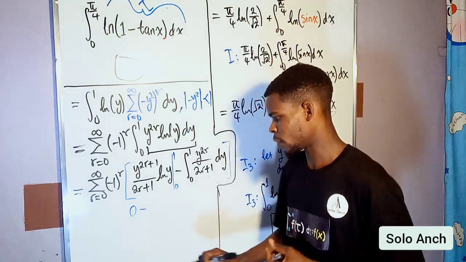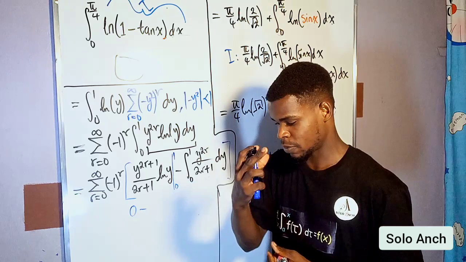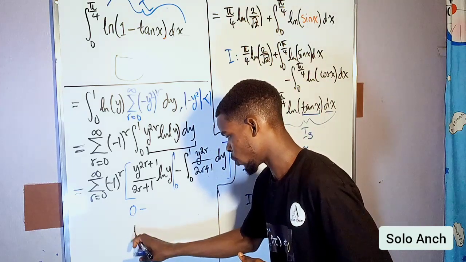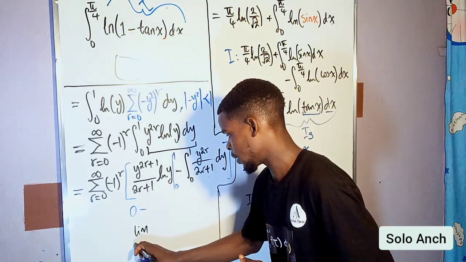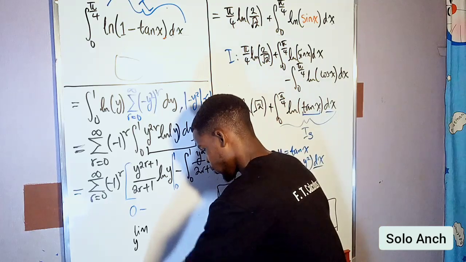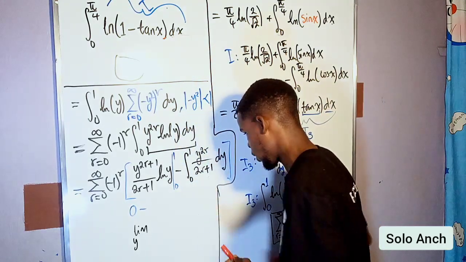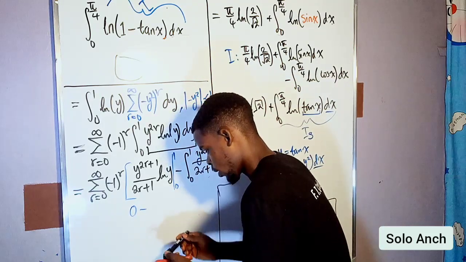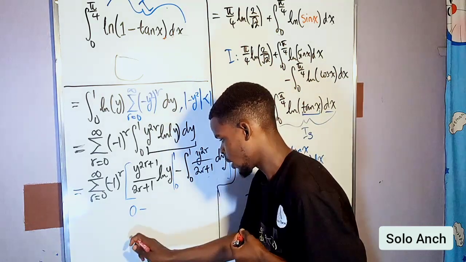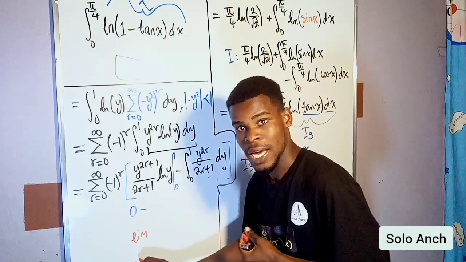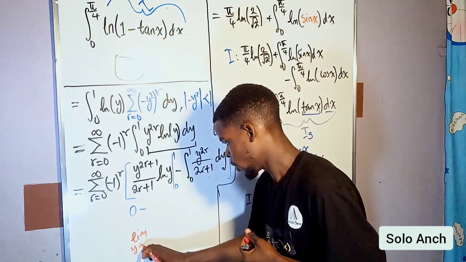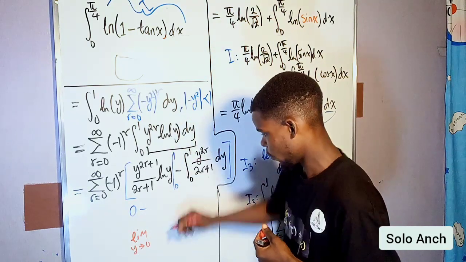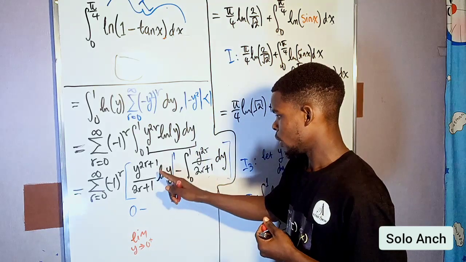But let's do it real quick right here. Please permit me to use L'Hopital's rule. So we're going to take the limit as y approaches 0 from above of this right here.